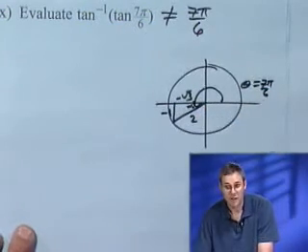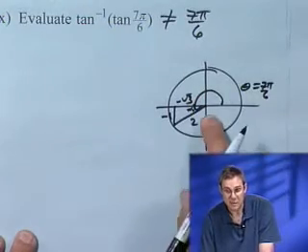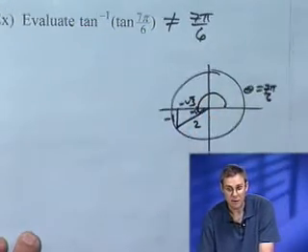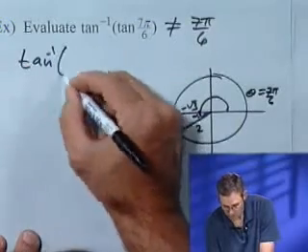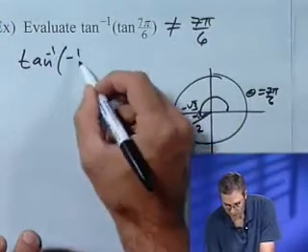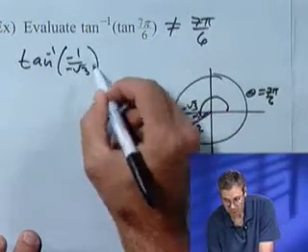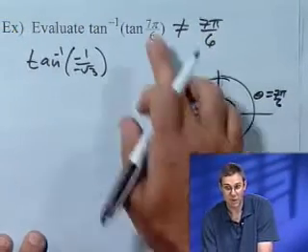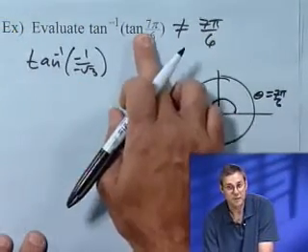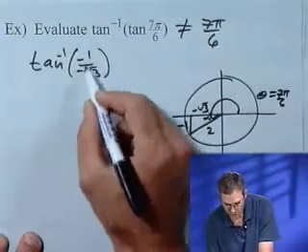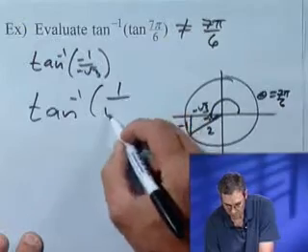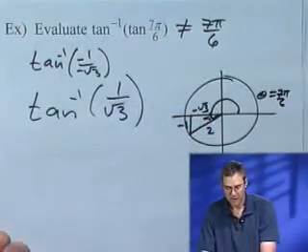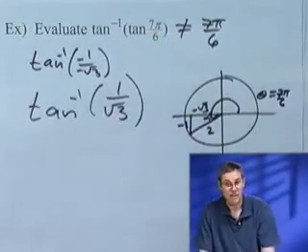Okay? So the tangent of 7 pi 6 is opposite over adjacent, which is negative 1 over negative square root 3. So I've simplified this part. Notice that I have negative over negative, so that would become a positive. So we've simplified from this step to this step.